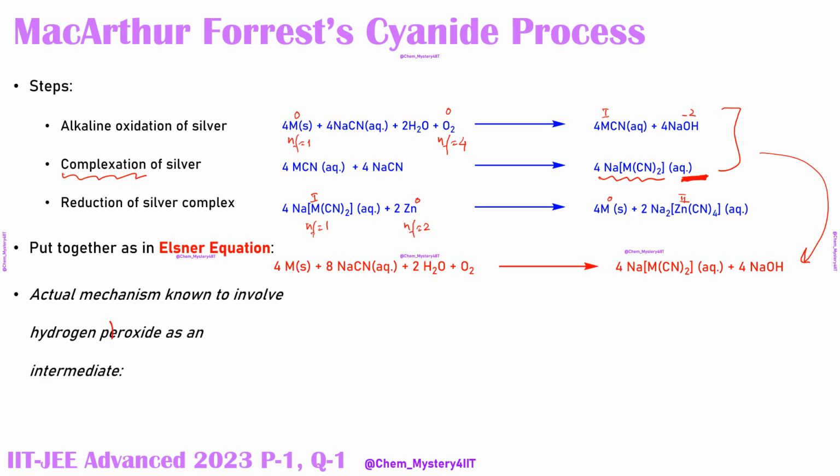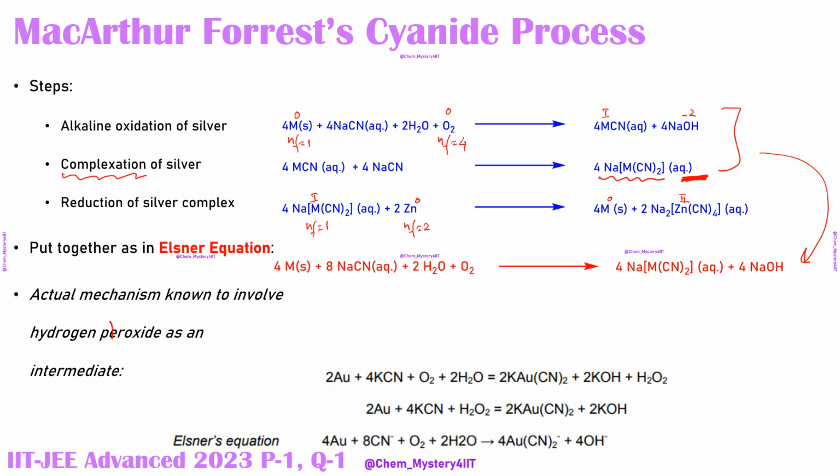So the actual mechanism, although we have written here with respect to oxygen, is known to involve hydrogen peroxide as an intermediate. So in the very first step, when oxygen is being used, there is involvement of hydrogen peroxide. This hydrogen peroxide is being consumed in the subsequent step, and you are getting again the same kind of product.